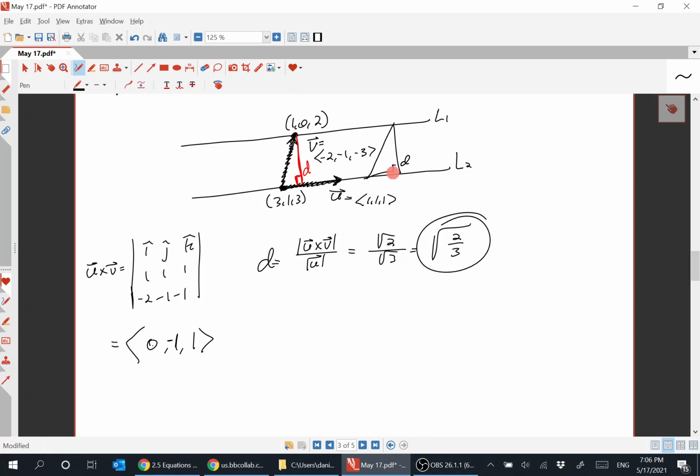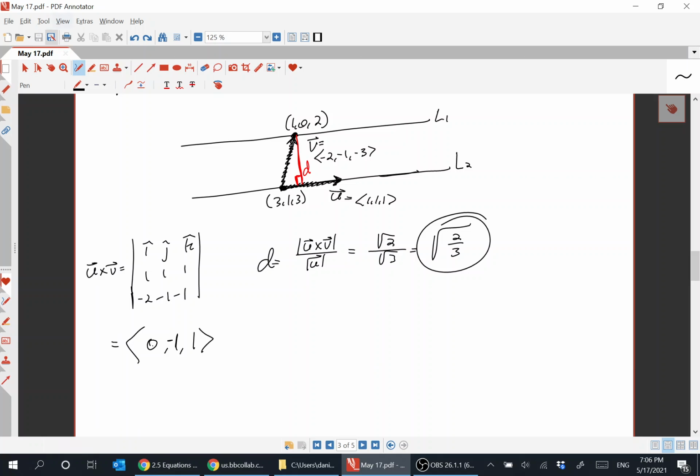The perpendicular line segment going between those two lines is always the same length because they're parallel.